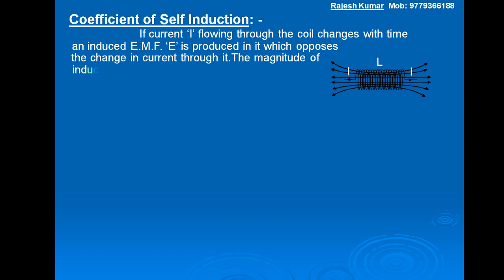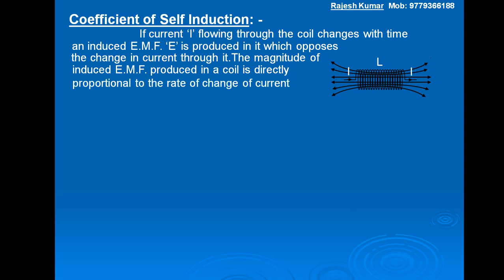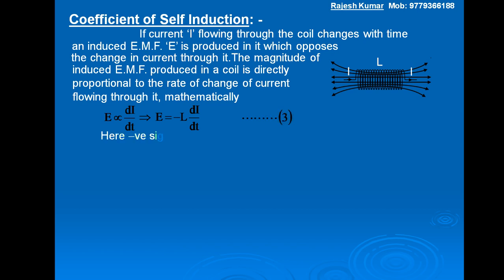The magnitude of induced EMF produced in a coil is directly proportional to the rate of change of current flowing through it. Mathematically, E is proportional to di by dt, which implies capital E is equal to minus capital L into di by dt. Let it be equation number 3.